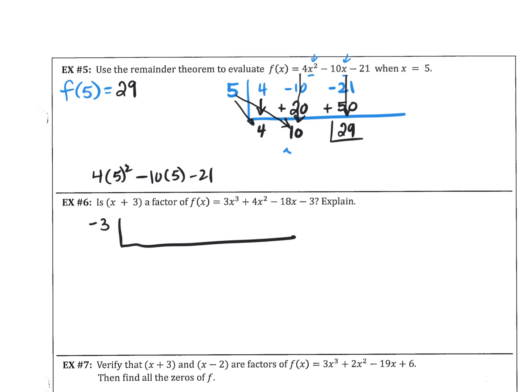So what goes across the top there? 3. All right, so run it through. See what you get.